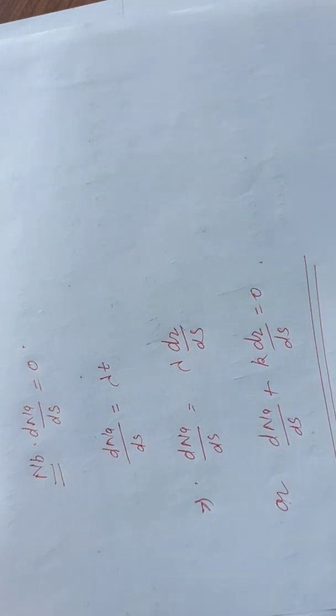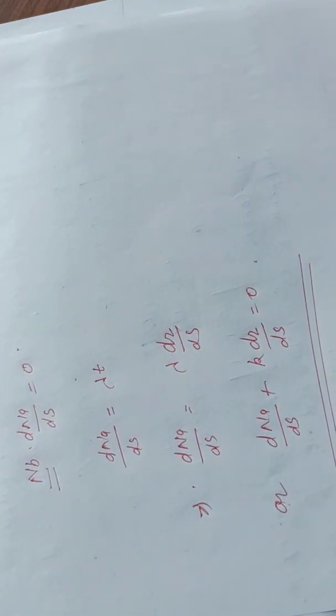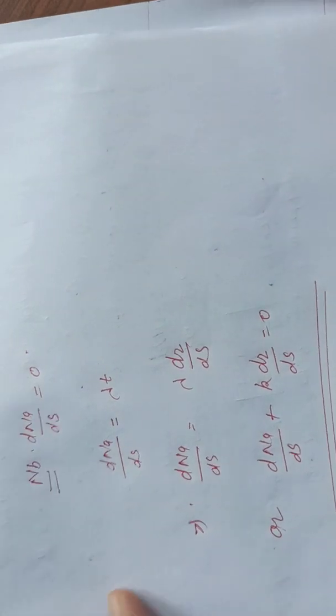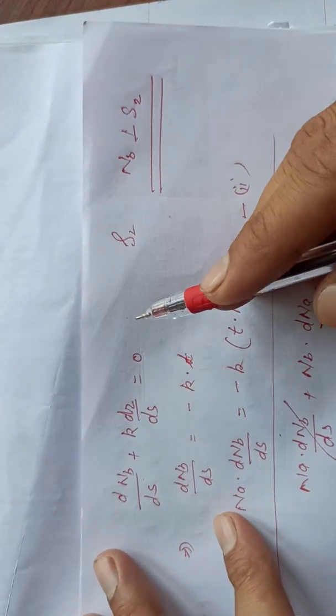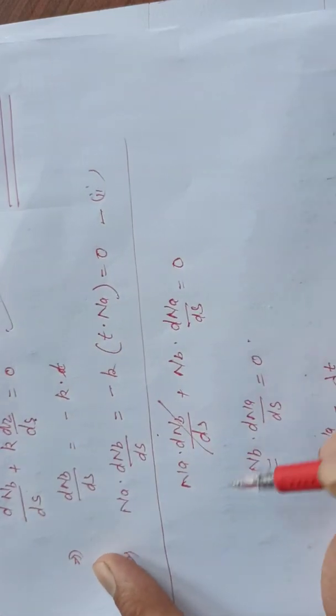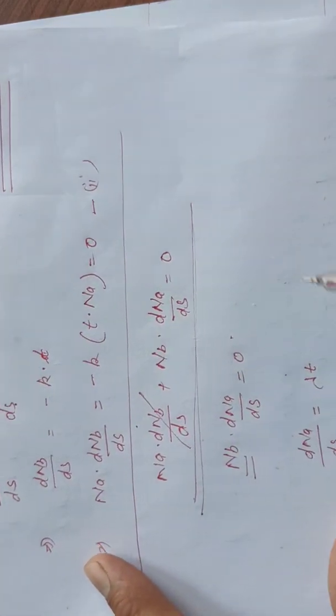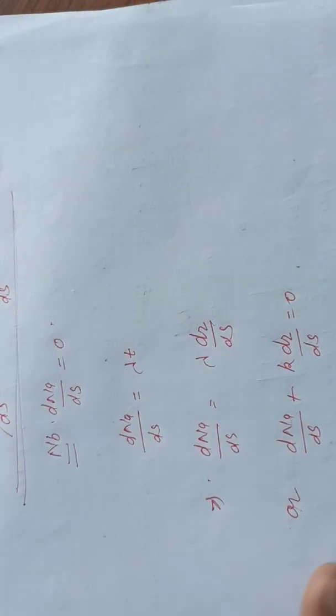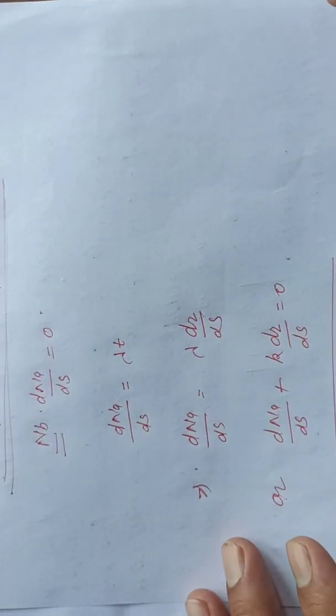And by the Rodrigues formula, this is the necessary and sufficient condition for a curve on the surface to be a line of curvature. So, we have considered that this is a line of curvature on the first surface, and we are given that the two surfaces cut at a constant angle, then it is also a line of curvature on the second surface.